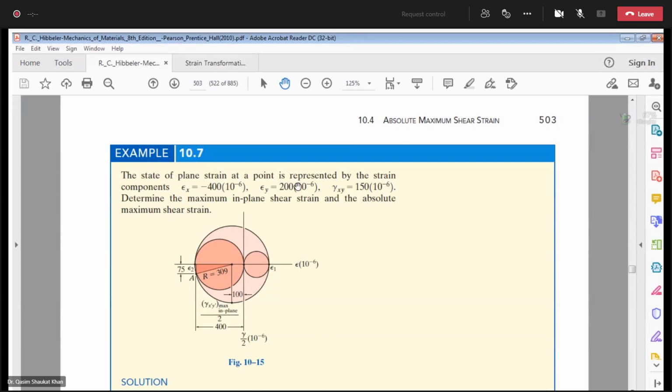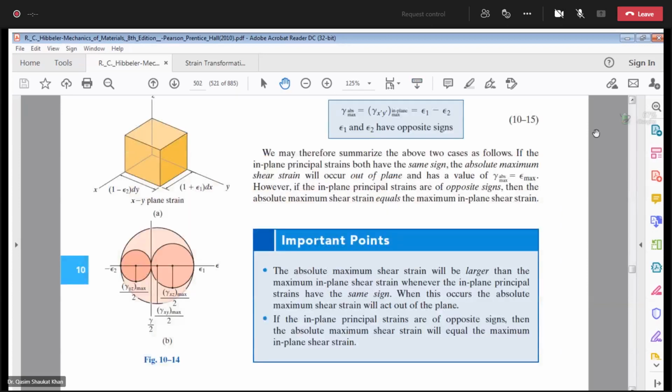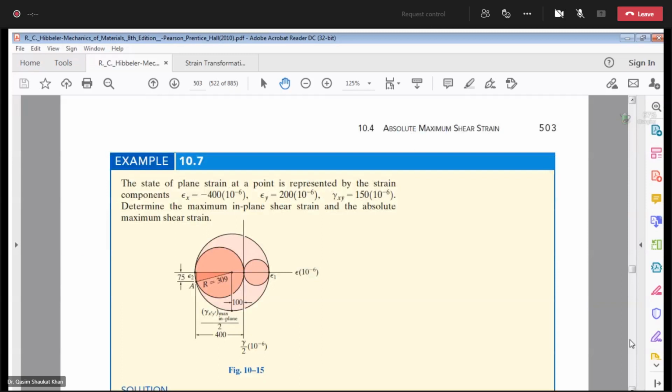Then you can either draw the Mohr circle for the individual components, or you can use the formula directly. When you have opposite signs, the absolute maximum and maximum in-plane shear strain is epsilon 1 minus epsilon 2. I think we need to do this question ourselves so that we can have better practice.